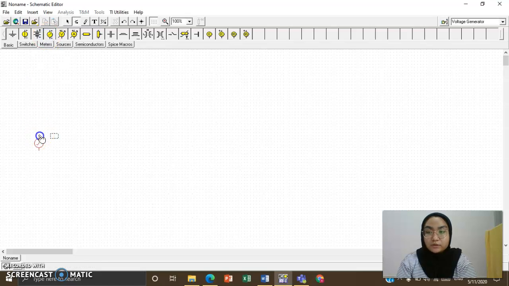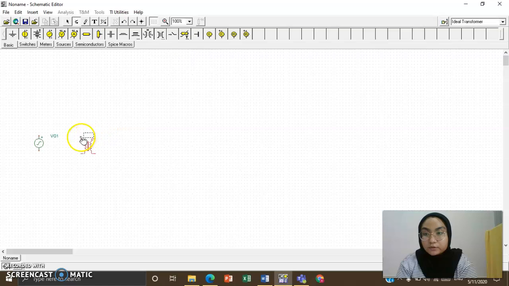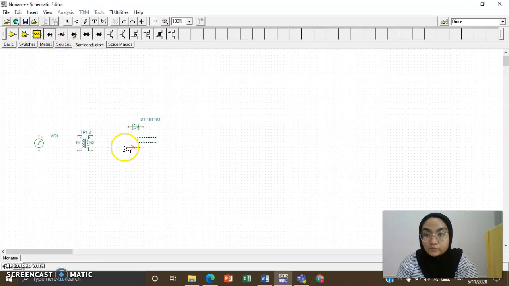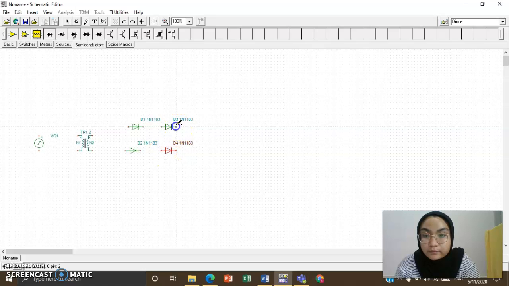I'll start to construct the bridge circuit, either transformer, and then for the bridge we need 4 diodes. Connect everything.